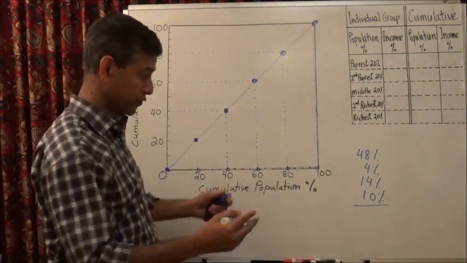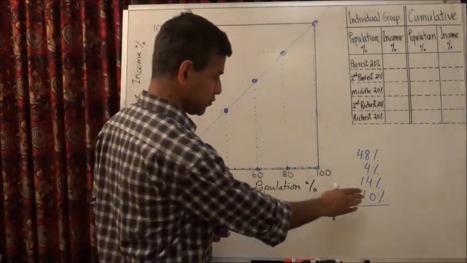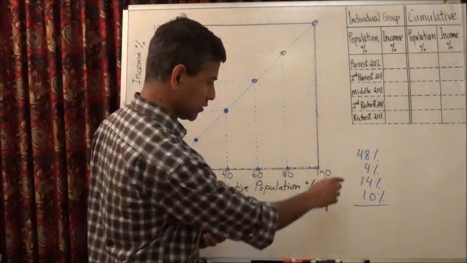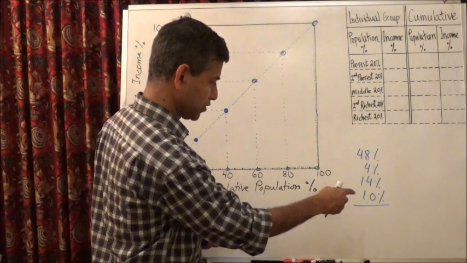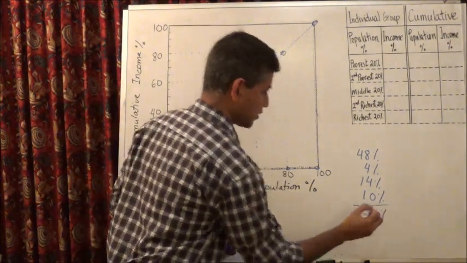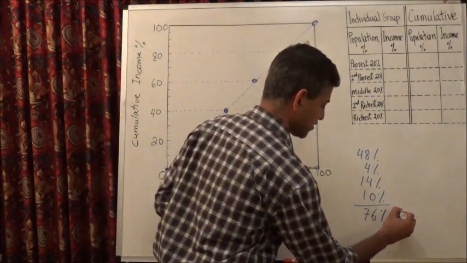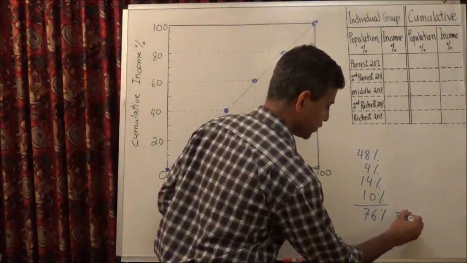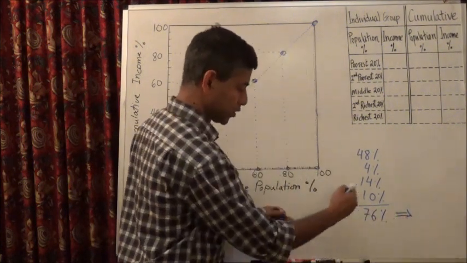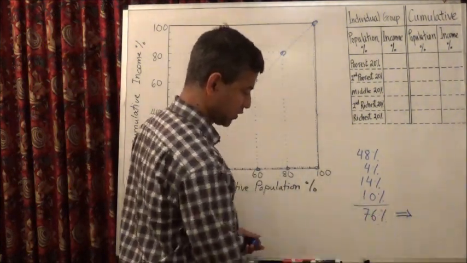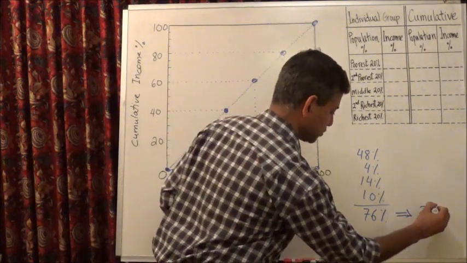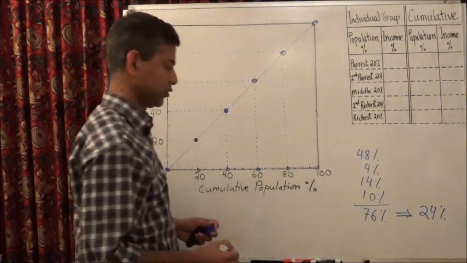These 4 groups add up to 76%. That tells us that for the remaining group, the income share is whatever would get us to 100%, so 24% for the remaining group.